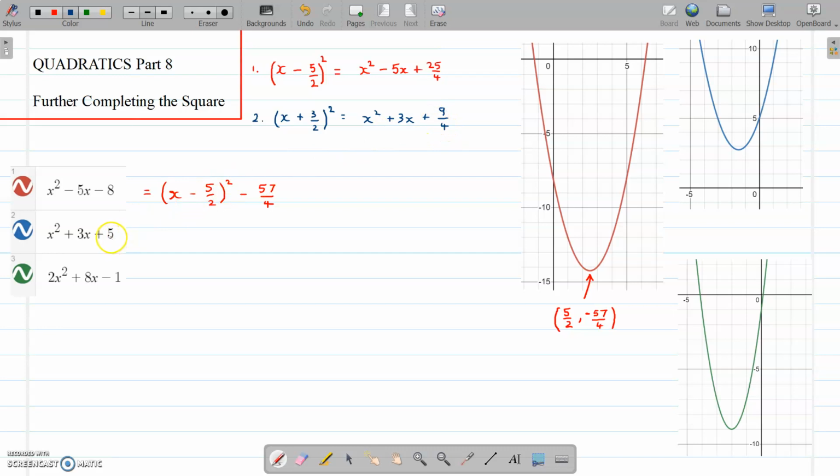I want the number 5, which is 20/4. So I would need to add to the 9/4 another 11/4 in order to get 20/4. It's really helpful to think of this number at the end also in quarters. So I can say that my completed square form for this one is x plus 3/2 all squared.